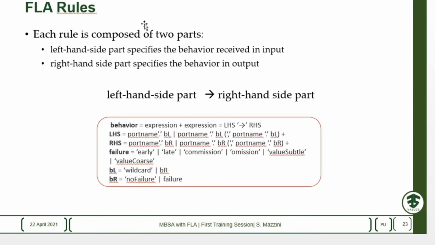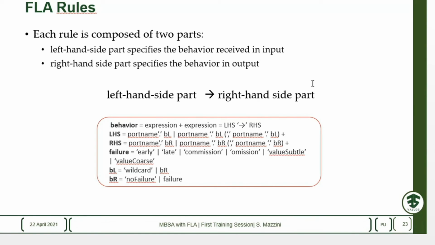This is the syntax of rule definition. Each rule is composed of two parts. The left hand part specifies the behavior of the received input, and the right side specifies the behavior of an output. So each rule is of the type: left hand side part, arrow, an expression for the right hand side part.